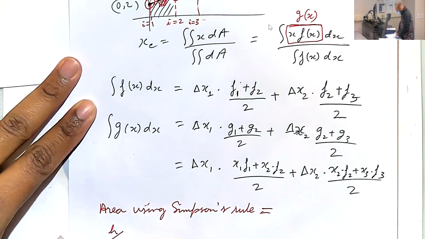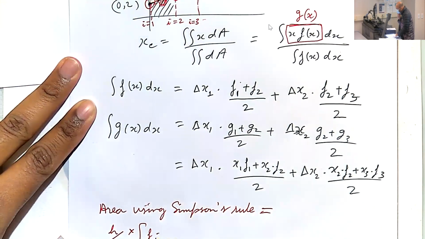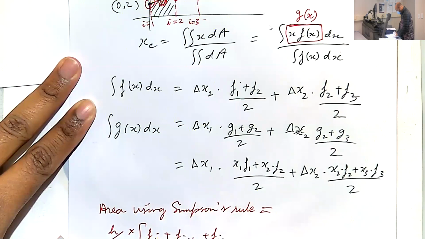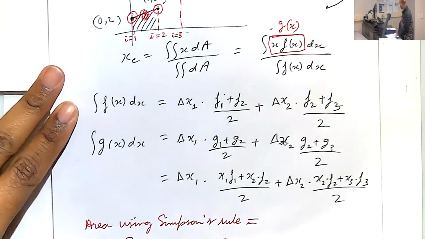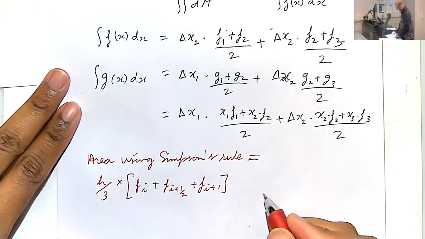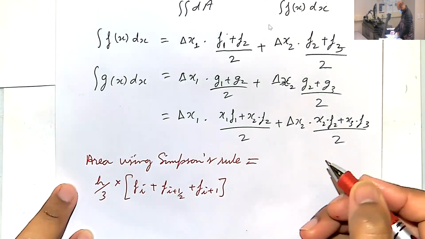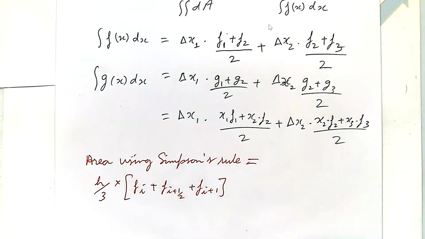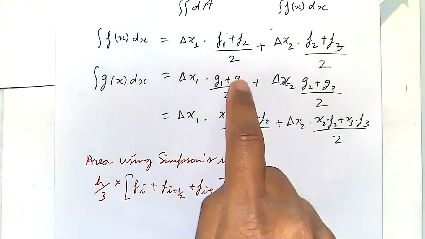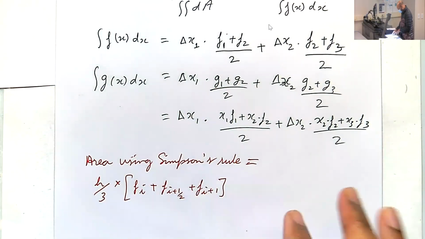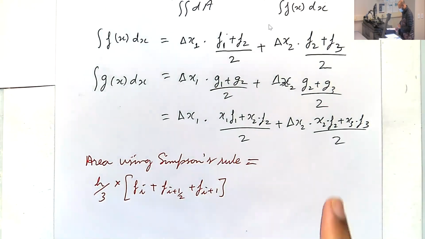It's h over 3 times f_i plus f_(i+1/2) plus f_(i+1). Okay, so now you tell me, what should I write here? What will be the area in our specific example? You can give me exact numbers, like 1, 2.5, whatever.